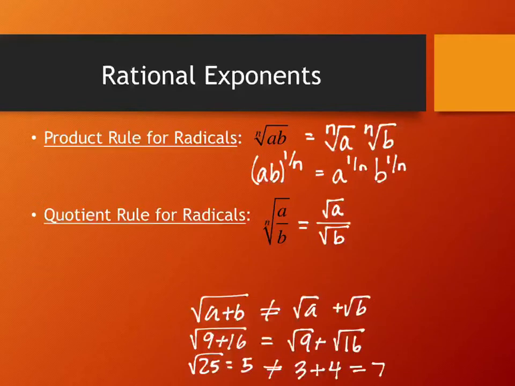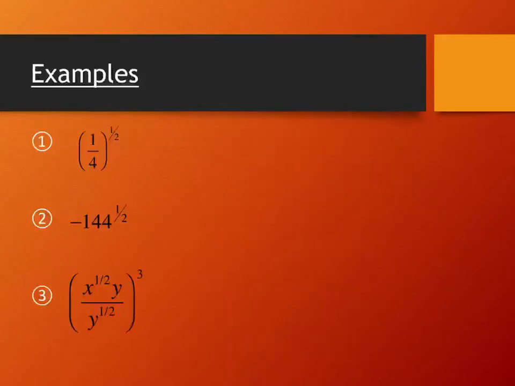So let's take a look then at actually using that property with some examples here. So what we're really going to see is rational exponents, and we're going to turn them back into radicals because it's easier to work with radicals. They're more familiar and comfortable to us, and we have these wonderful properties that we get sort of for free because of the rational component that we just dealt with already with those properties.